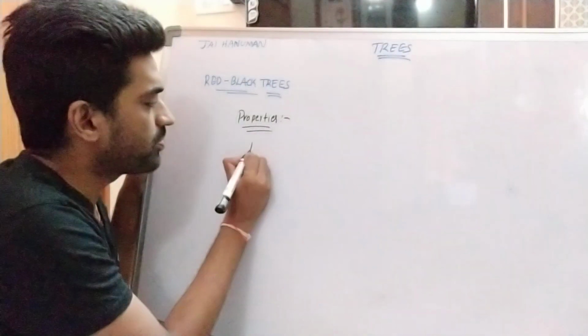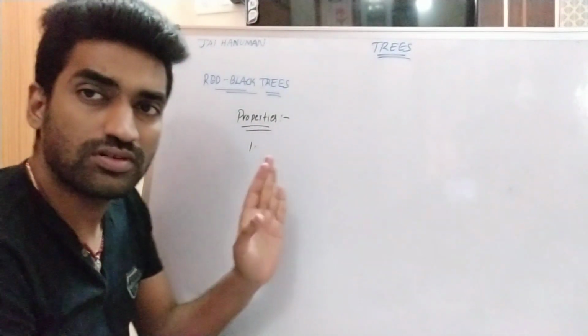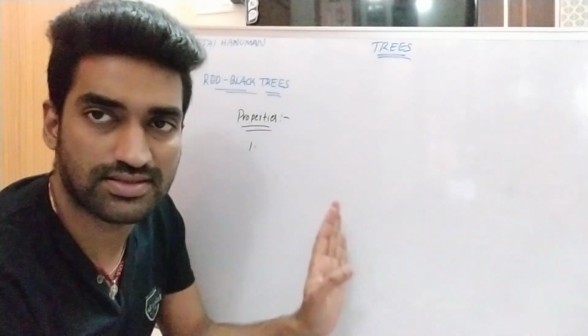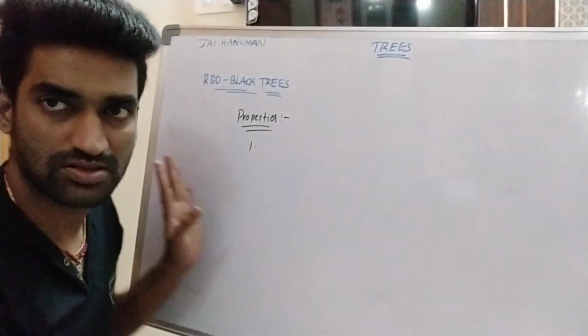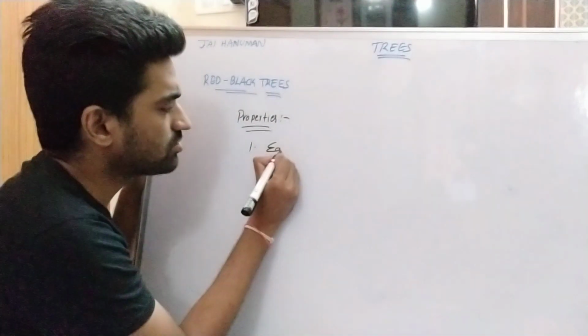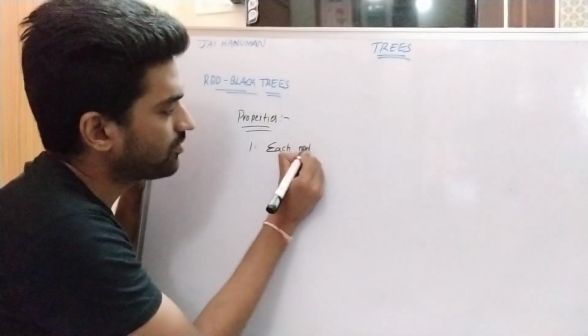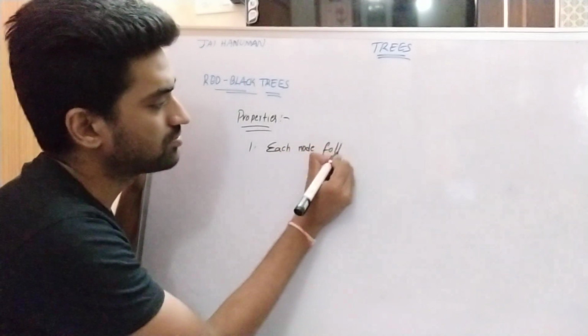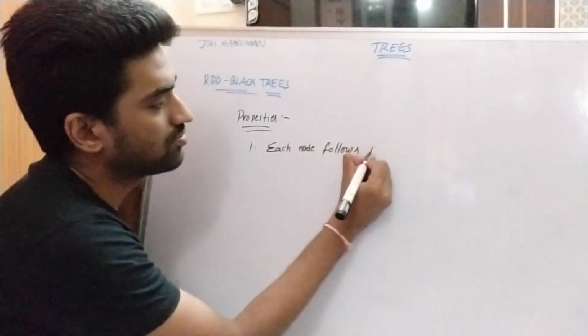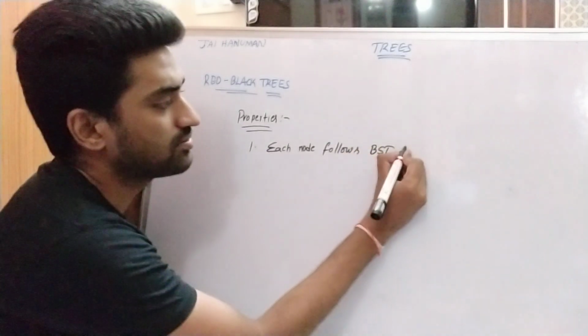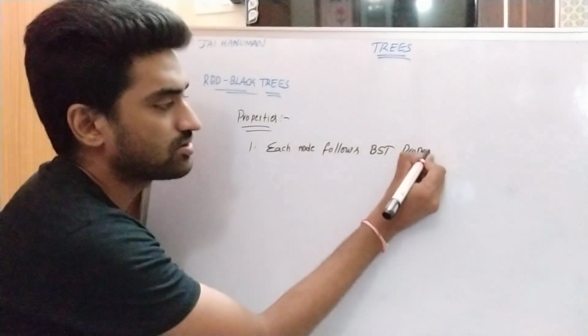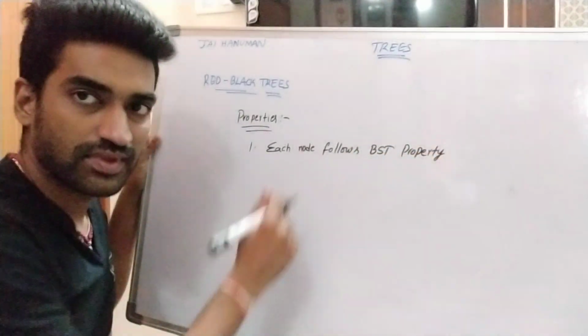The first property is that each node must follow the binary search tree property. What is the property of a binary search tree?